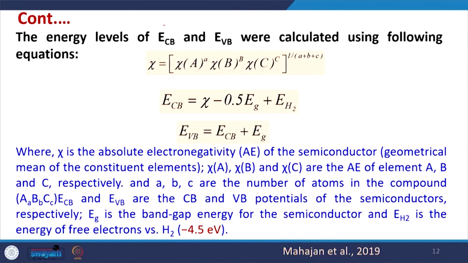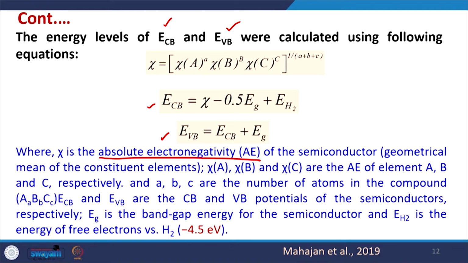Now, the energy levels of the conduction band and the valence band can be calculated using this equation. So, these equations are used to calculate the values. How do we know the exact value of the conduction band and the valence band? For this, we first calculate the absolute electronegativity of the semiconductor.